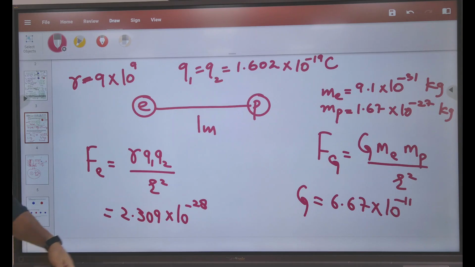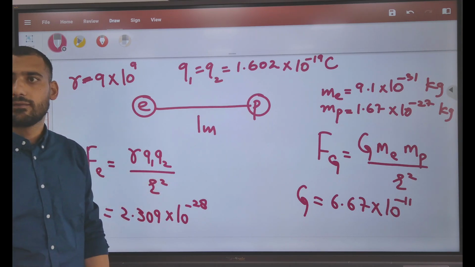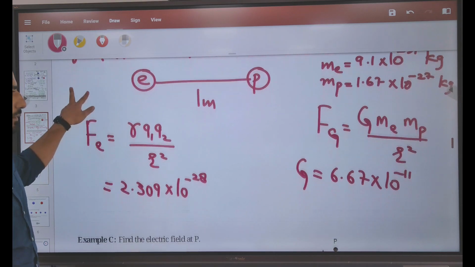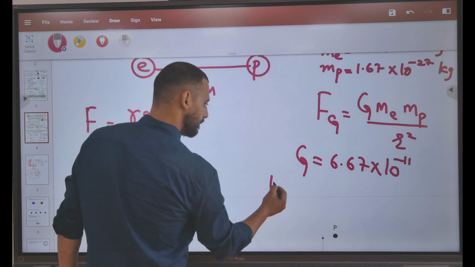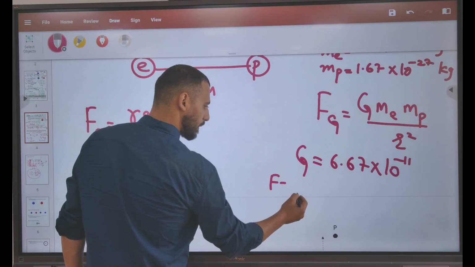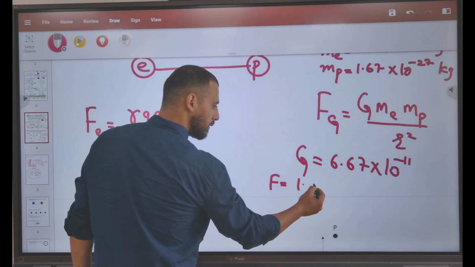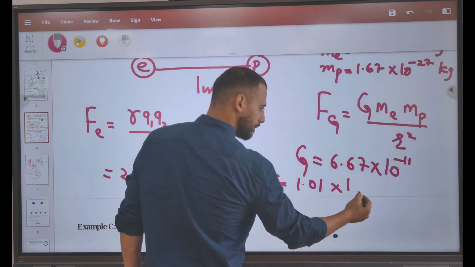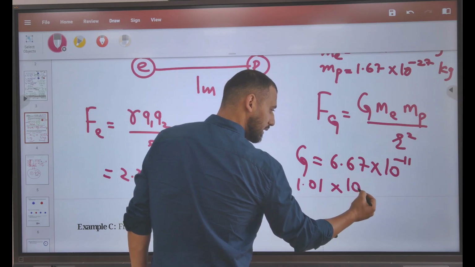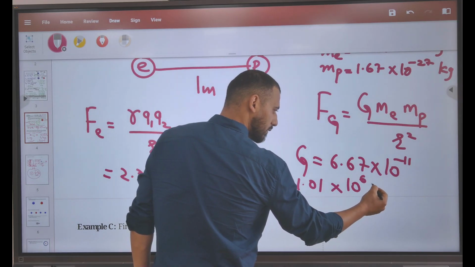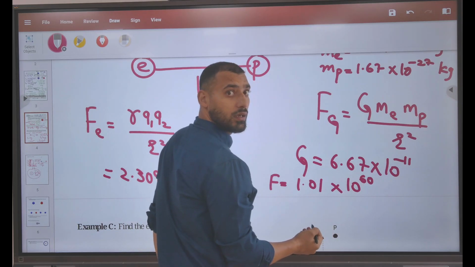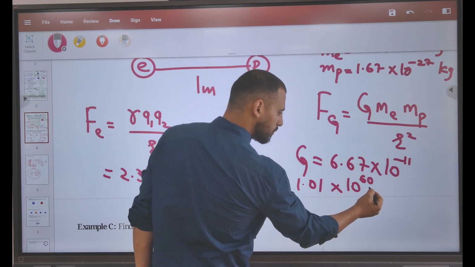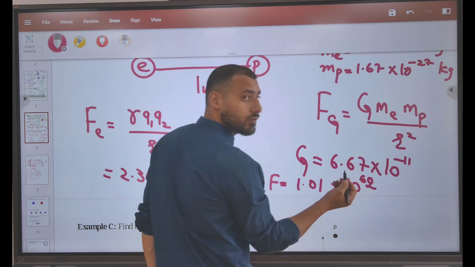Okay, and what about FG? It is 1.01 times 10 to the power of negative 62. Positive or negative? Negative.